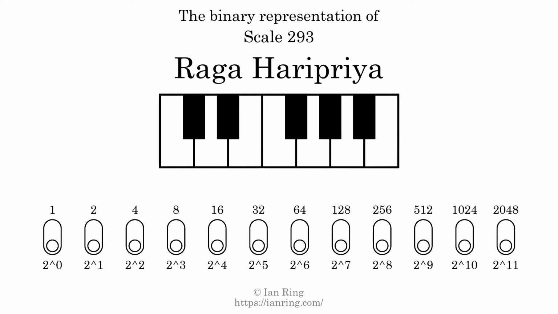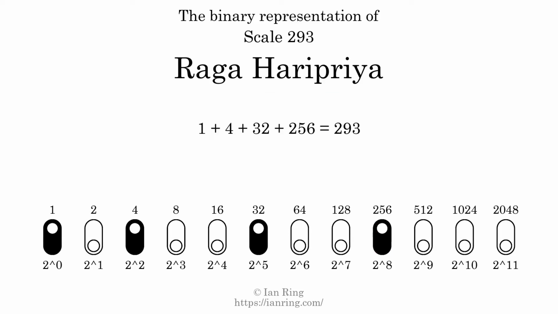The binary representation of this scale is determined by mapping tones of the scale to binary digits. Each binary digit represents a power of 2. To get the scale number, we add the powers of 2 together. The powers of 2 that are present in the scale, all added together, equals 293.